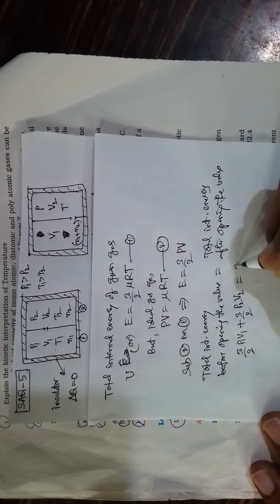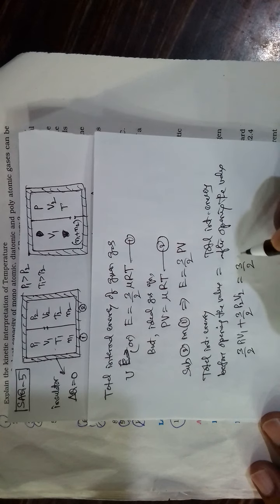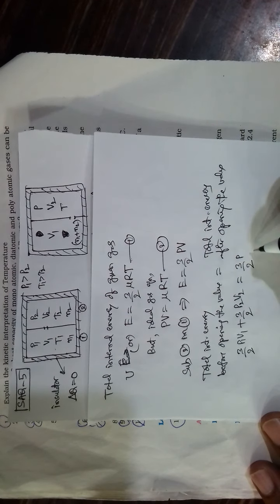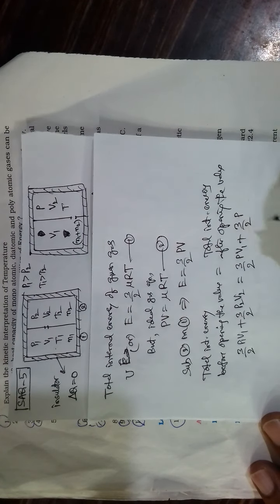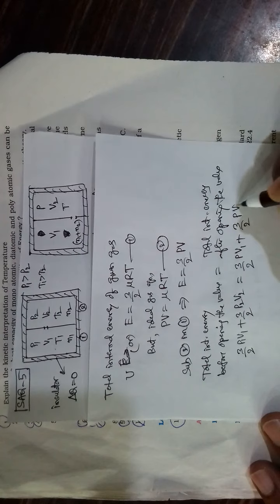Now after opening the valve, there are no two rooms, they are interlinked. Therefore, pressure is common for both rooms: 3 by 2, here P, V1 plus 3 by 2, here P not P2, V2.